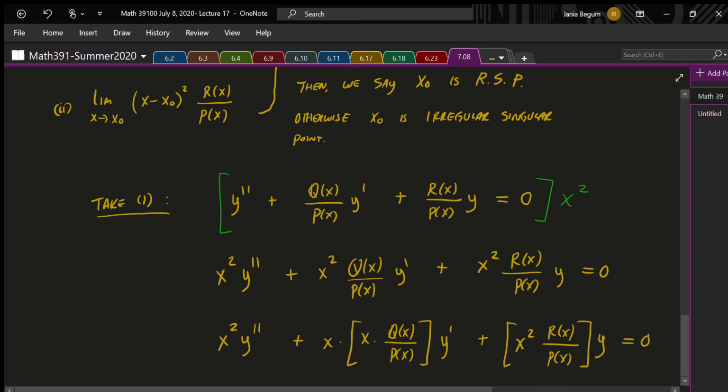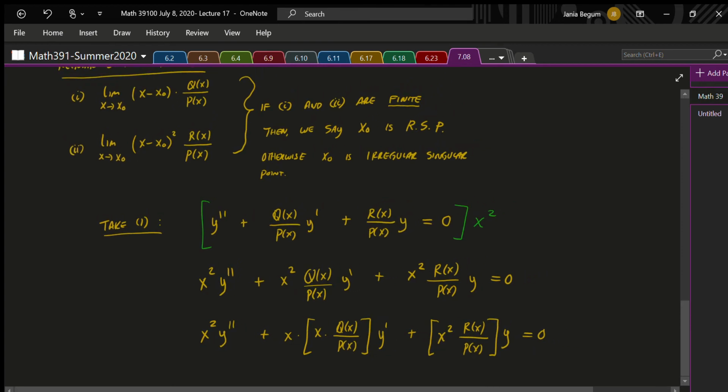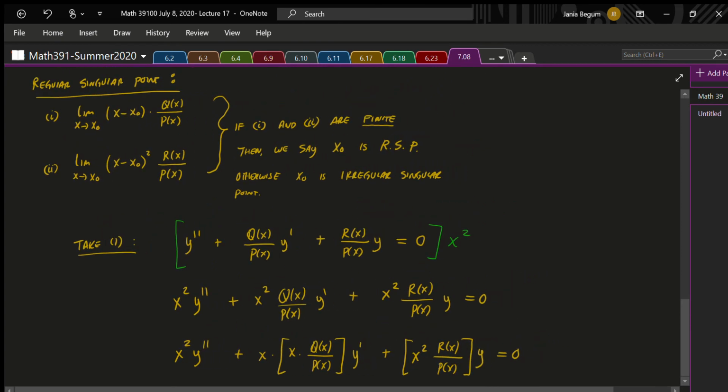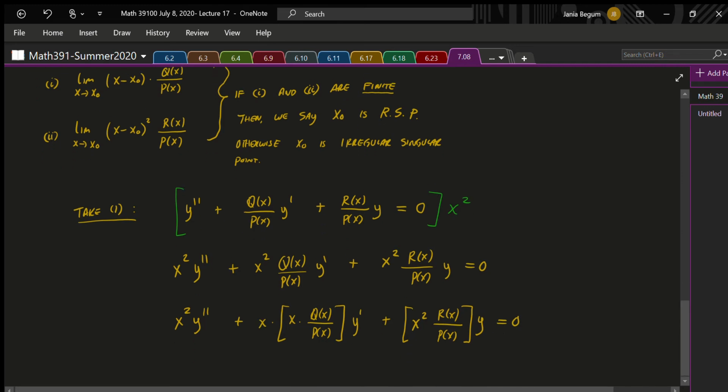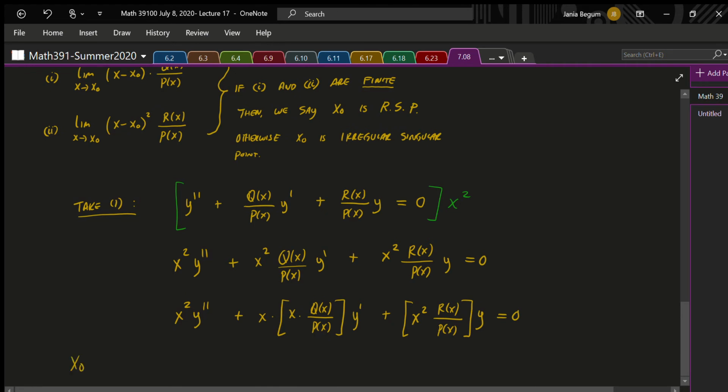Well, now, what do you notice with this kind of modified Euler equation with the limit definition we have? Maybe not so clear yet, but suppose x naught, the singularity you're looking at, is 0.